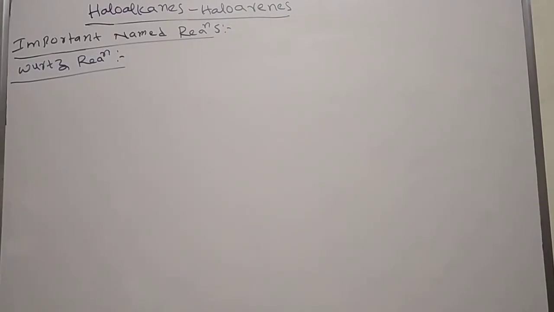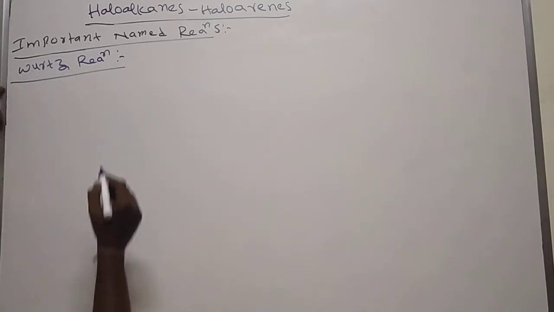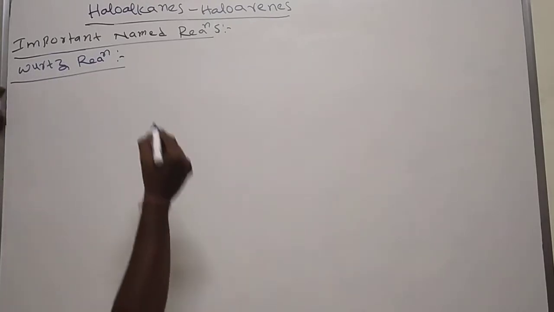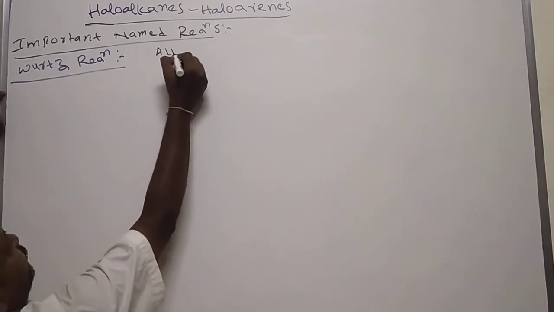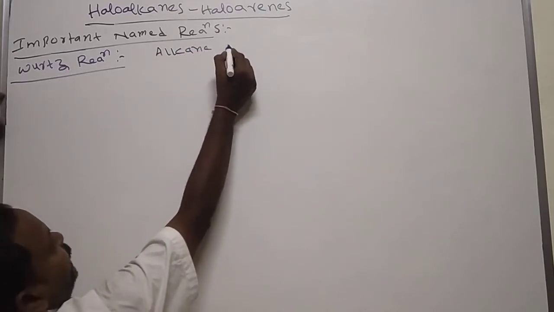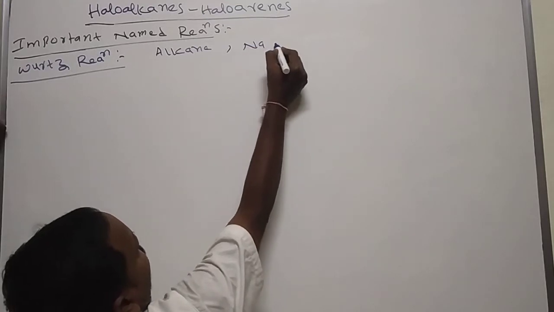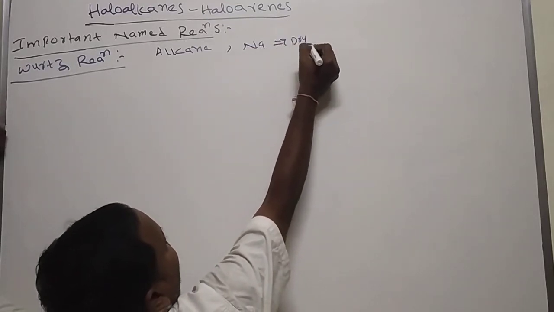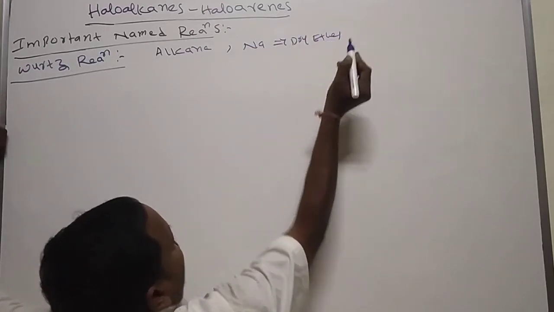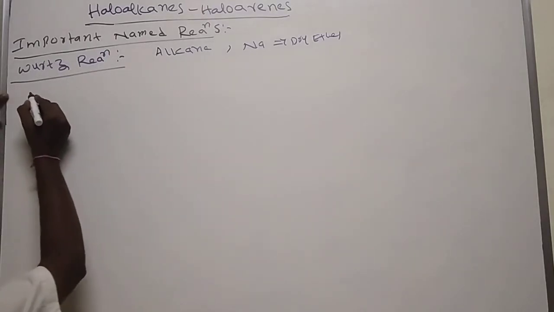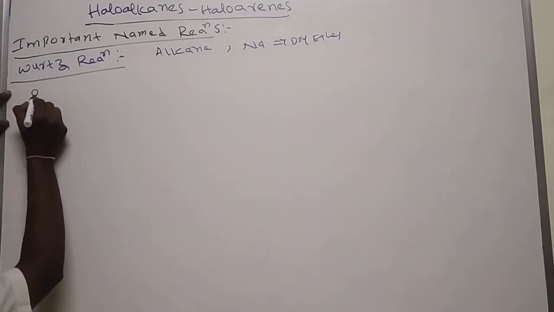Next, in continuation, we'll see the Wurtz reaction. What is the Wurtz reaction? Already we know it is used for the preparation of alkanes. Here the metal is sodium metal and the solvent is dry ether. You should write these two compulsorily. Dry ether is compulsory. Here I am taking alkyl halide, RX.